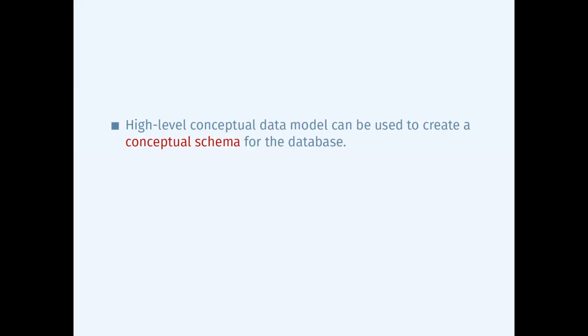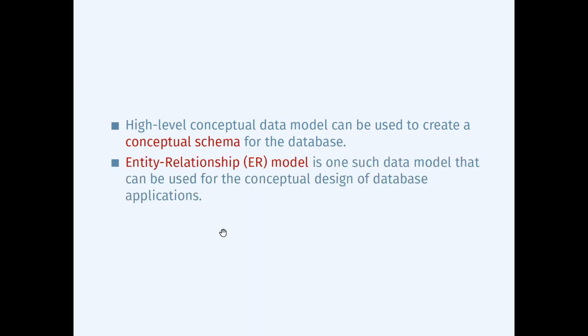So if you look at the entity relationship model or ER model, it is a high level conceptual data model where we can develop what we call the conceptual schema. So once the database requirements are gathered, the next step would be creating a conceptual schema of the database. There are many such models available, but ER is one of the common, extensively used techniques.